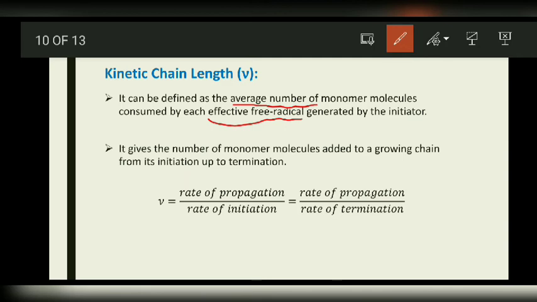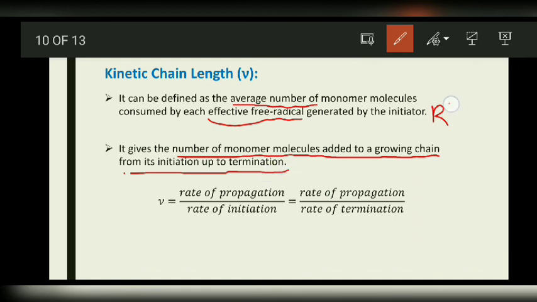That means when one R dot, an effective free radical, is generated, how many monomer molecules it consumes till termination, we call that the kinetic chain length. What it gives is the number of monomer molecules added to the growing chain from its initiation up to termination.